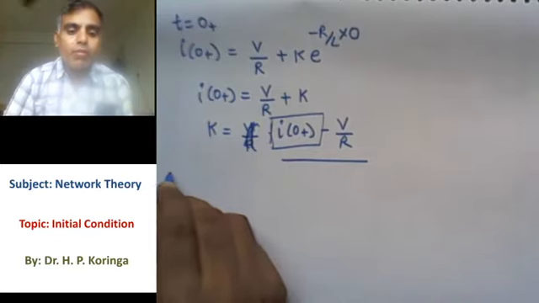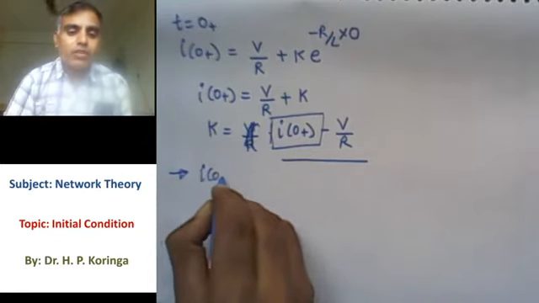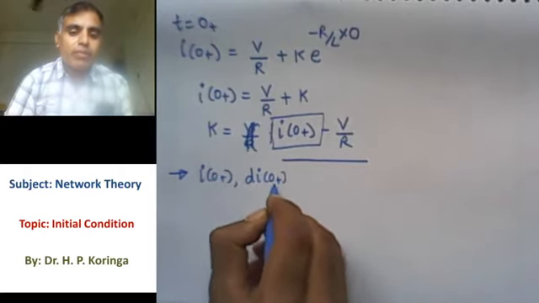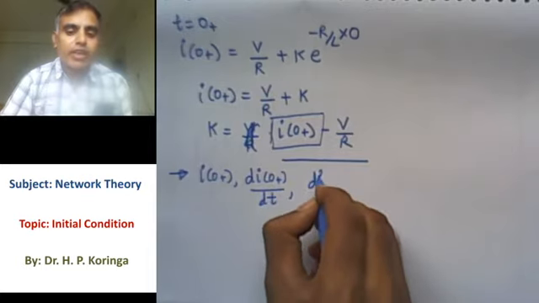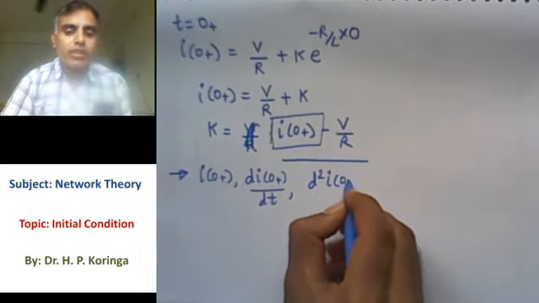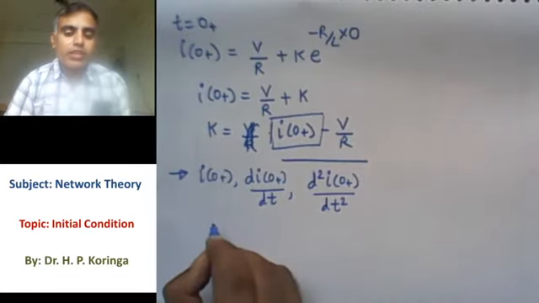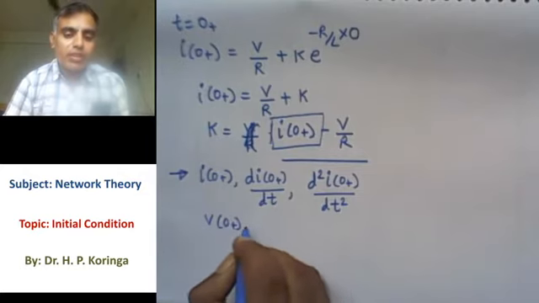In this chapter we'll find the initial condition, the value of I of 0 plus, and the value of its derivative, d I of 0 plus divided by dt. If it's a third order differential equation, we require one more initial condition, d squared I of 0 plus divided by dt squared. Similarly, if we apply KCL, we'll get the unknown node voltage.